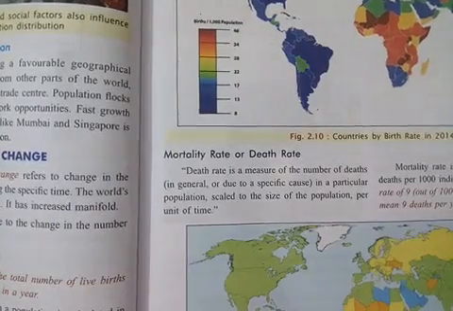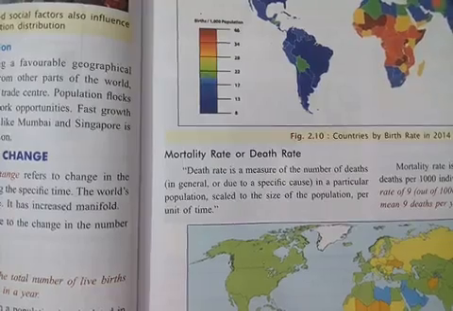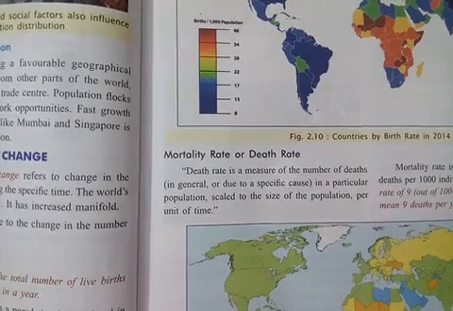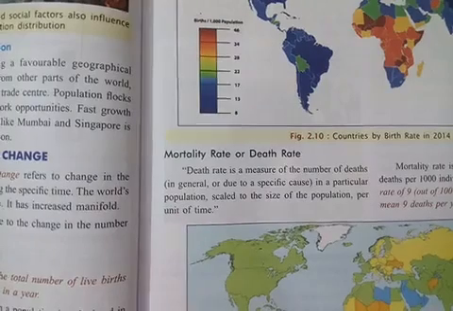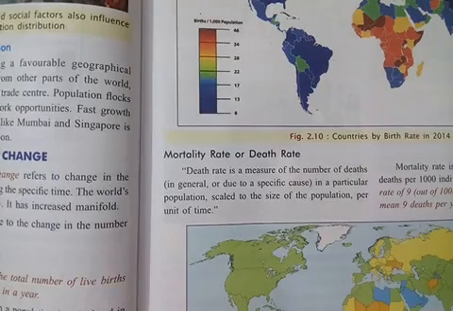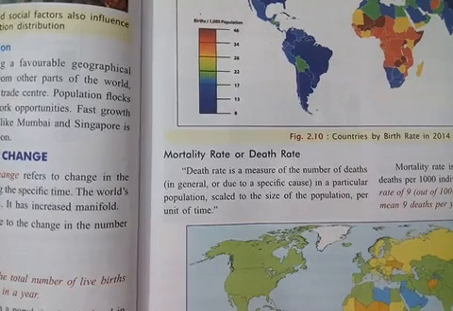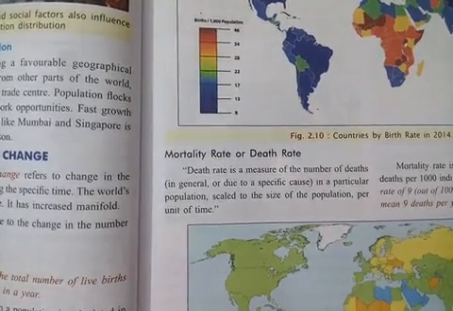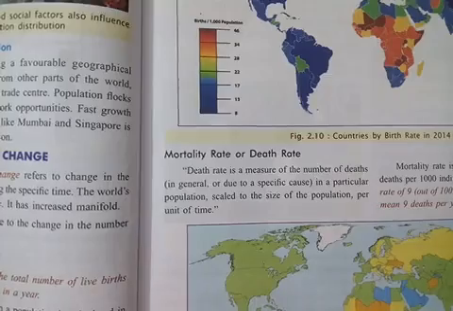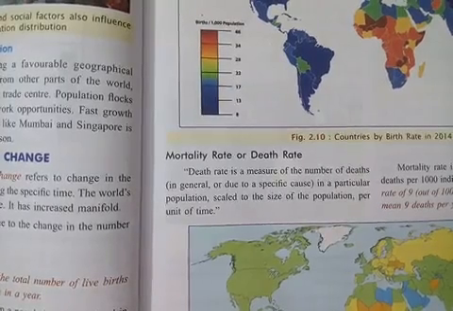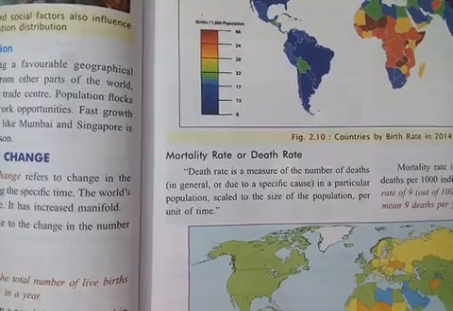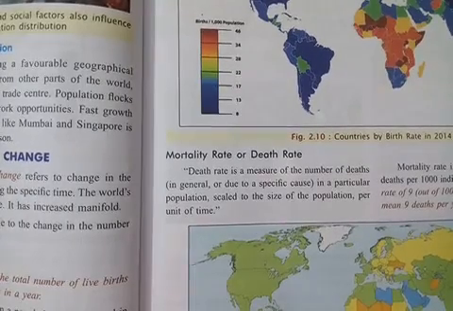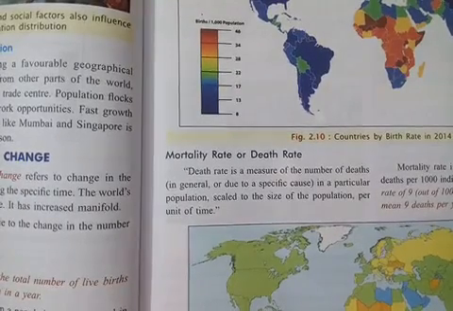One example: suppose the birth rate is very high and the death rate is very low. What does it suggest? That the population is increasing, as the birth rate is very, very high. The number of population is increasing, but at the same time the death rate, that is the mortality rate, is very low.